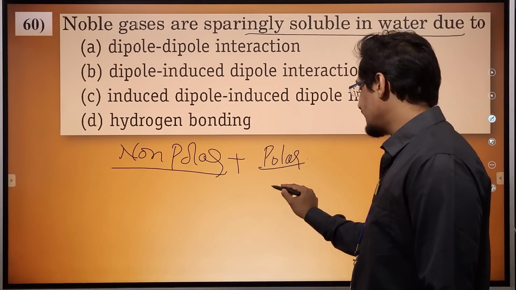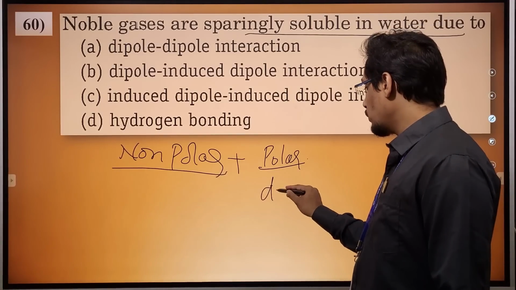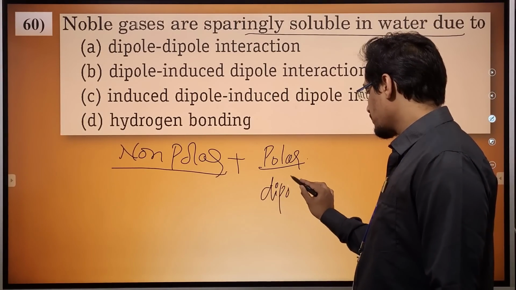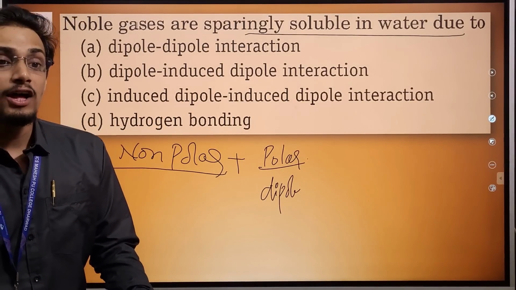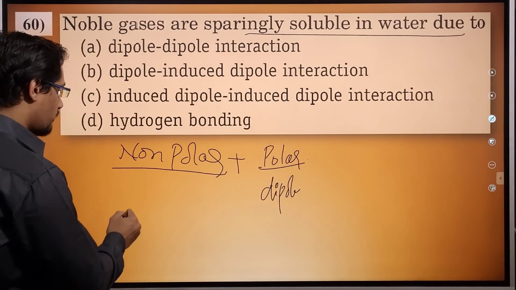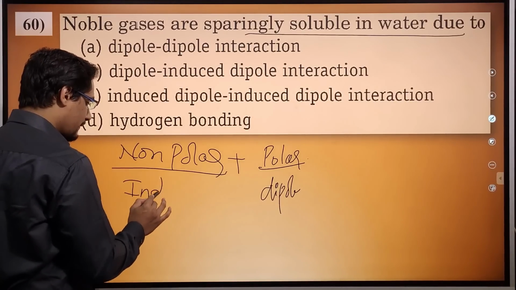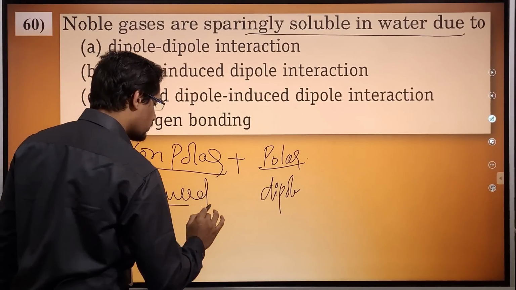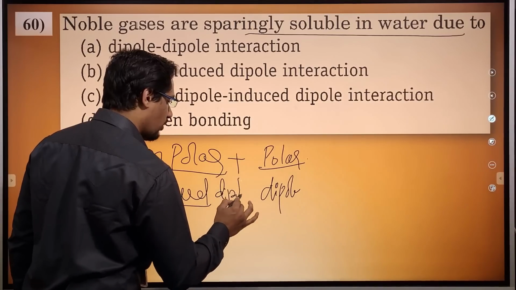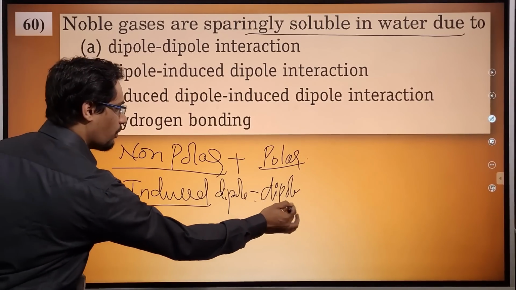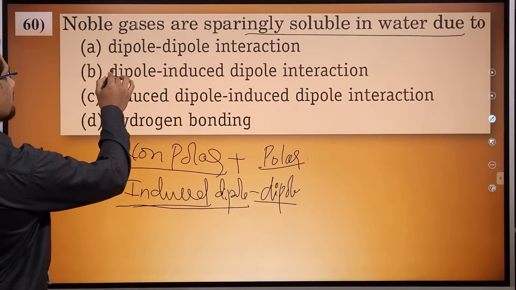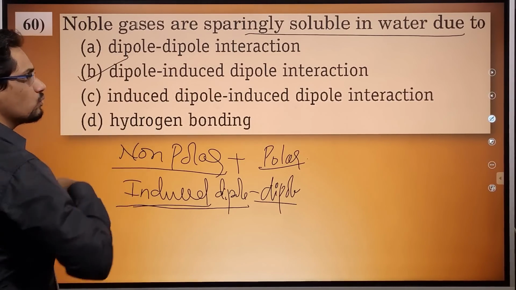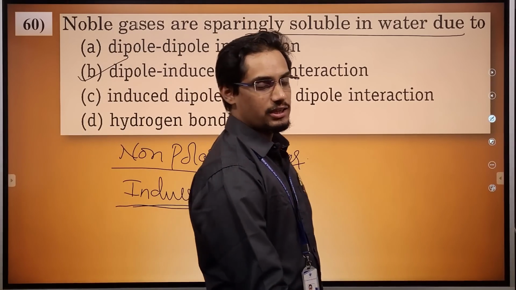If it is polar, there must be a dipole in it, correct? And the other is non-polar, so there is no dipole, and it must be induced, right? So the answer is dipole and induced dipole interaction.